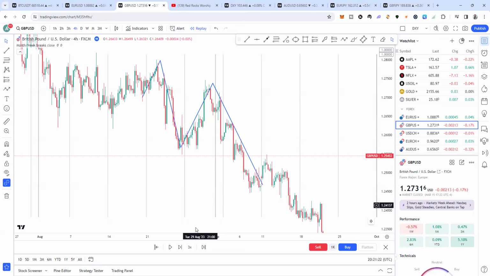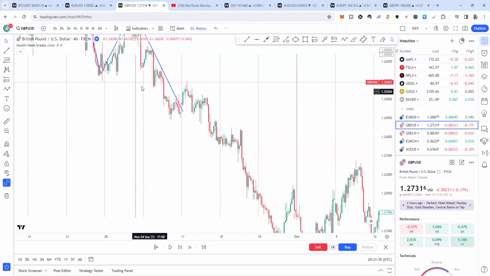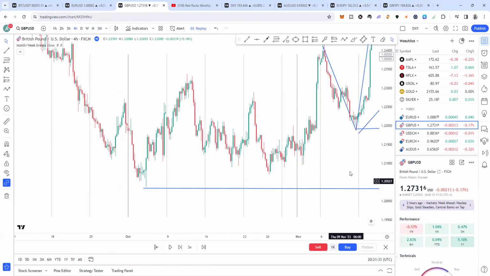So in this scenario, you are looking for sell opportunities, like somebody just mentioned. You are trying to look for sell opportunities as markets move up and down.